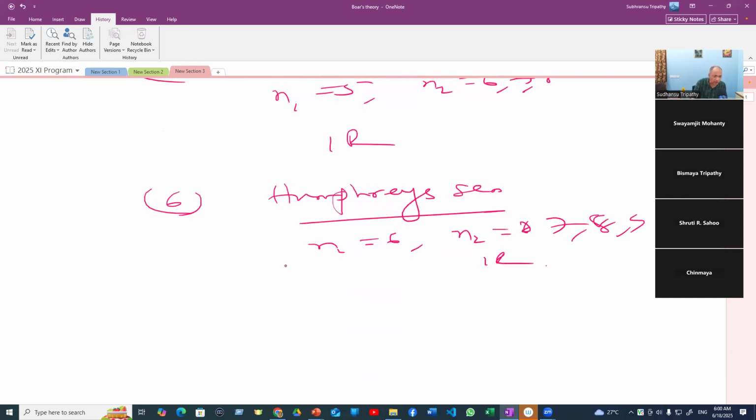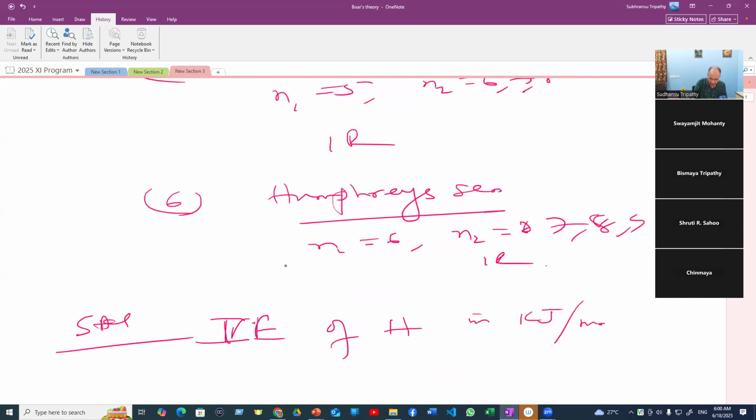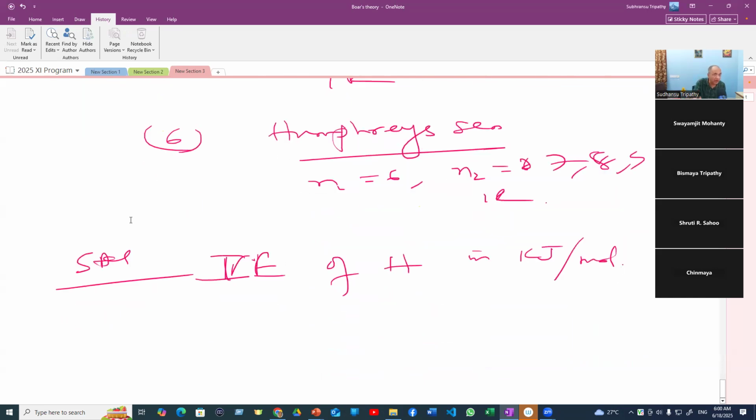So when somebody asks you what is the ionization energy of hydrogen in kilojoules per mole. Whatever calculation we have done is for one atom.